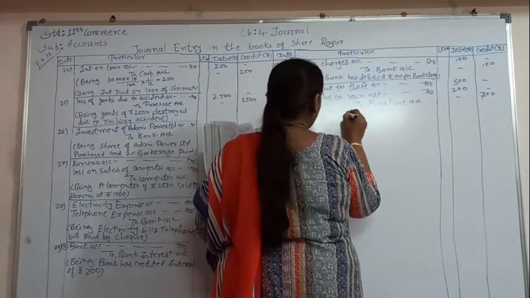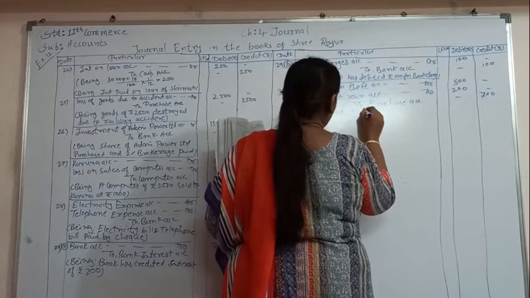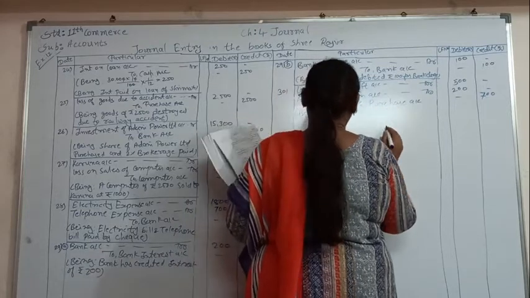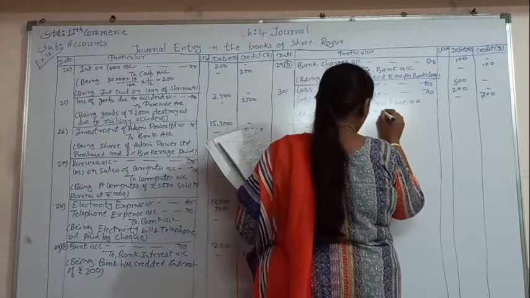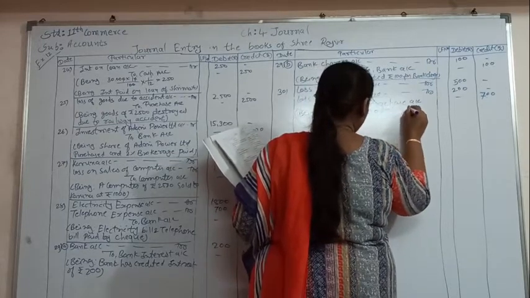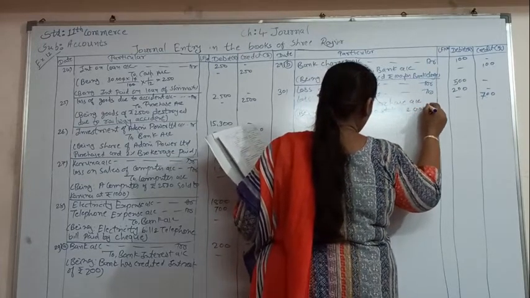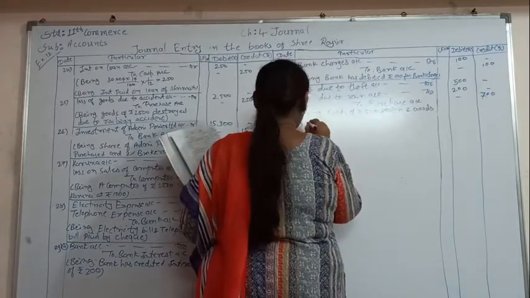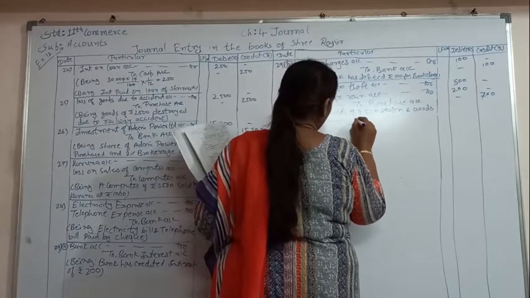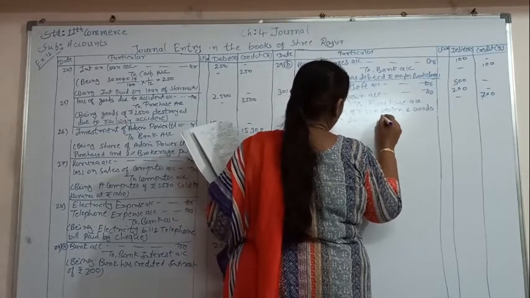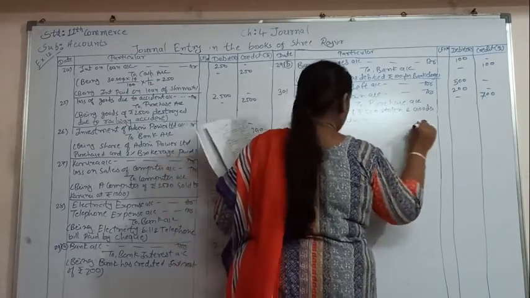Goods of rupees 500 stolen, and goods of rupees 200 ruined due to rain.